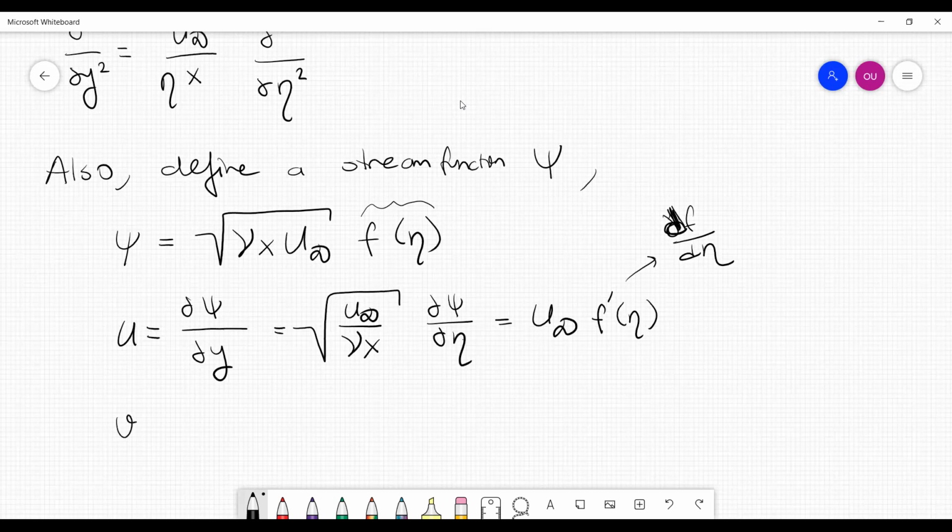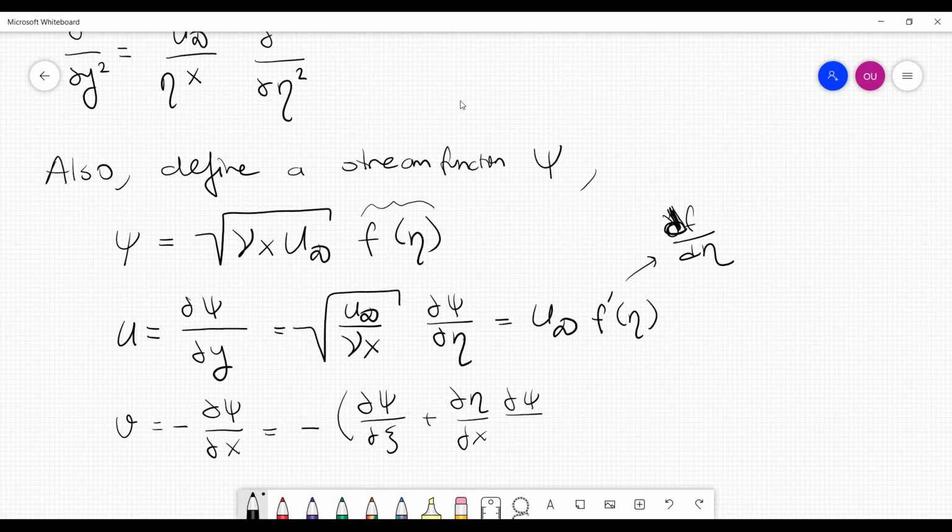Similarly, the v component is equal to minus d psi over dx, so this is going to be equal to d psi over d eta times d eta dx.